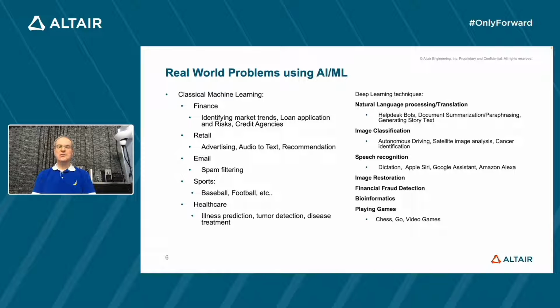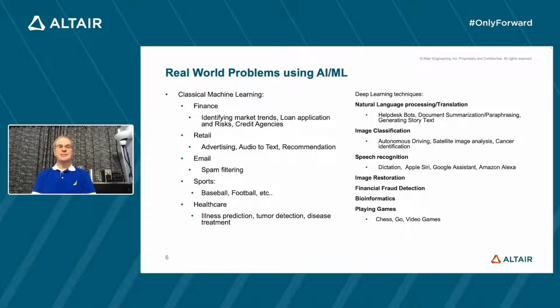Healthcare is a long-time user of different machine learning techniques, some successful and others not so much. Modern uses of machine learning, such as tumor detection and illness prediction, are becoming very common. In fact, there are several companies that have commercial diagnosis services, which use AI/ML along with other statistical techniques.